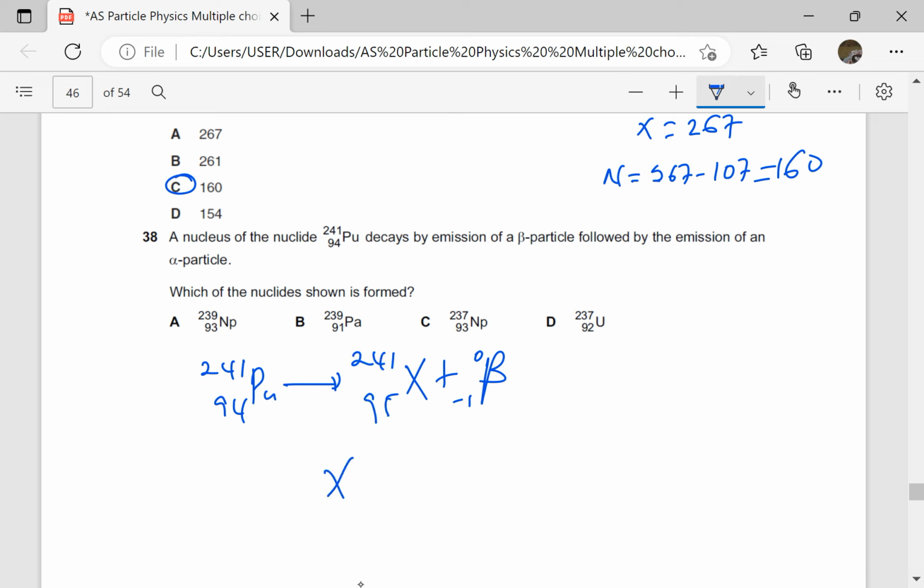Again, X, 241, 95, decays by emission of alpha to give Y plus alpha, which is 4, 2. So this is going to be 241 minus 4, which is 237, and 95 minus 2, which is 93. So the answer is C.